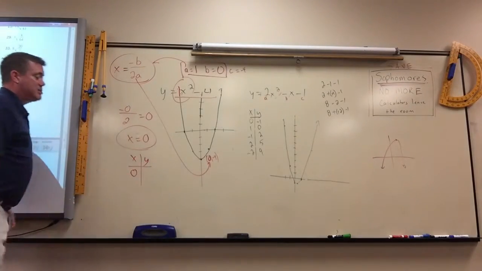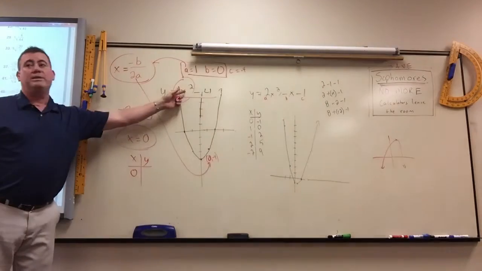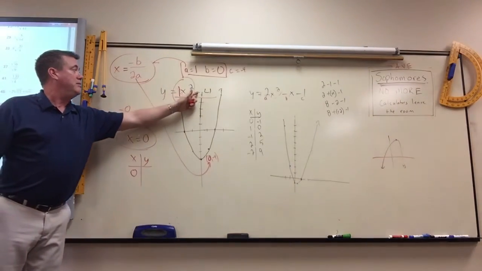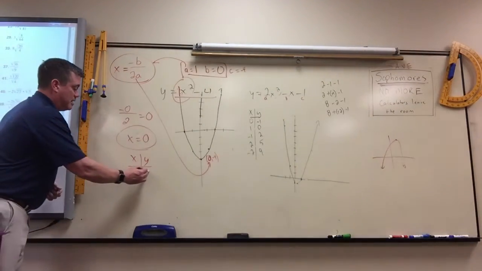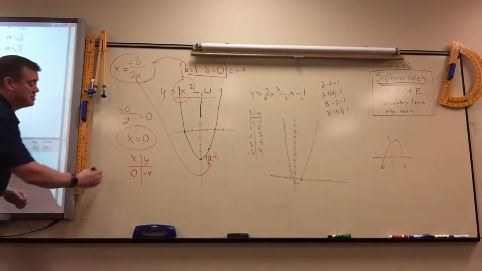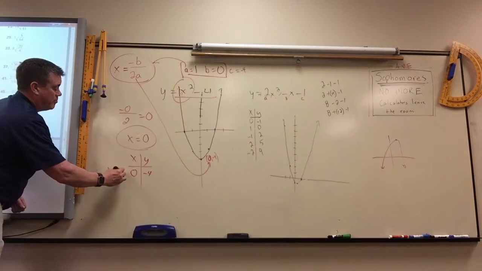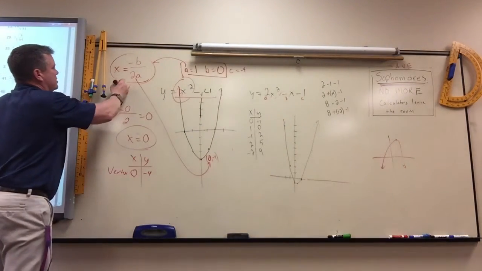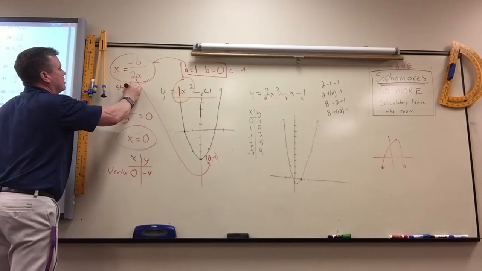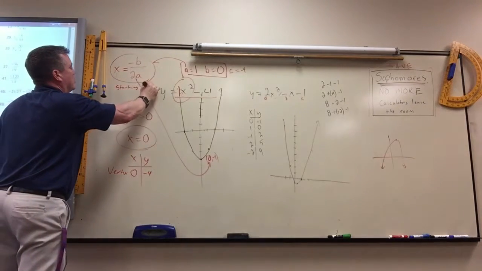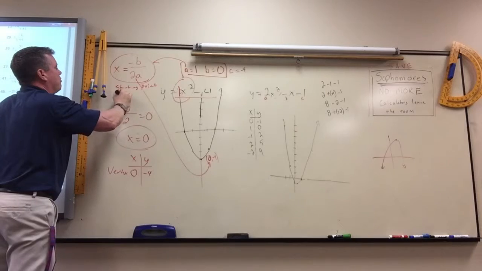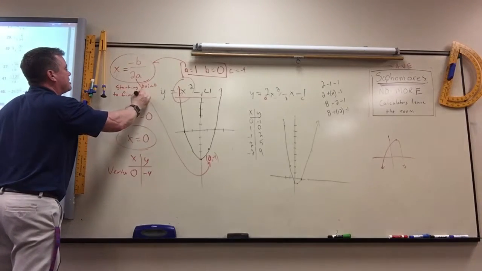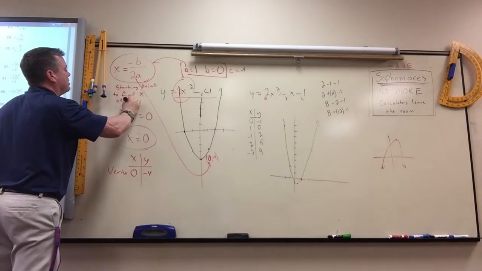It's telling me x is 0, so you can figure out what y is then. 0 squared minus 4 is negative 4. That's the vertex. So you use this as the starting point to find x of the vertex.